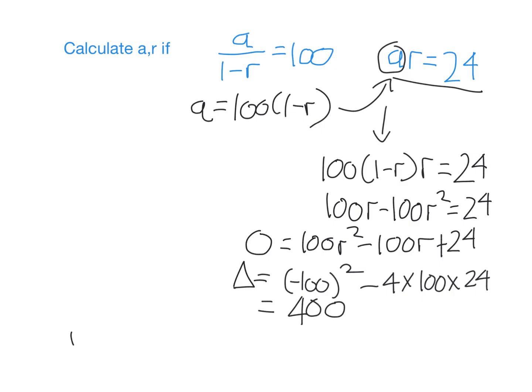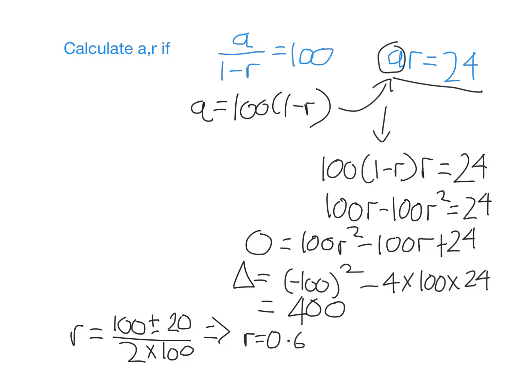So that means here that R is going to be minus B plus or minus the square root of the discriminant. The square root of 400 is just 20, all over 2 times A. So 100 plus 20 over 200 is 0.6. 100 minus 20 over 200 is 0.4.